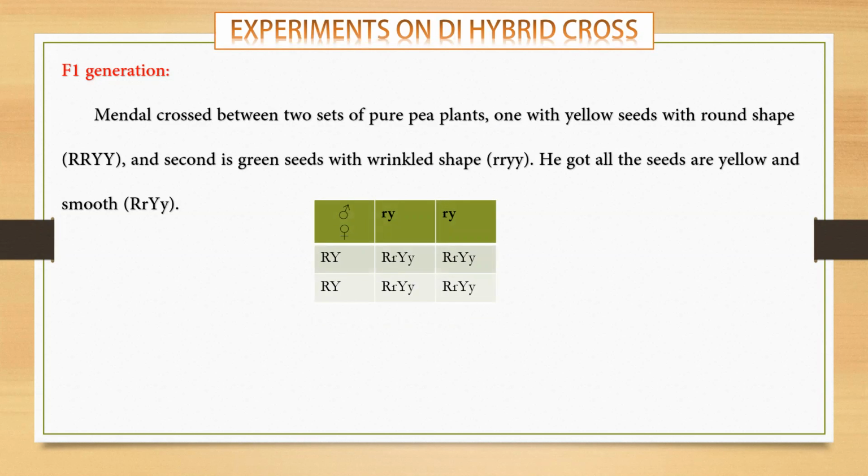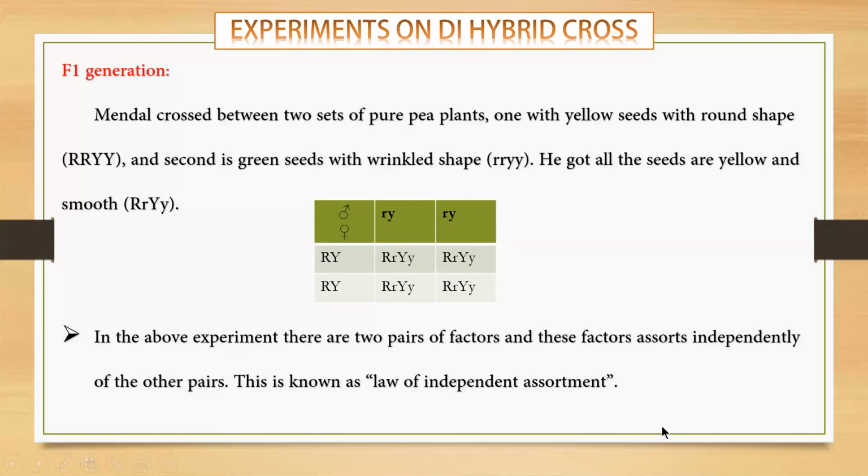If we observe this Punnett square, the pure line of round yellow seeds produces gametes like capital R, capital Y, and the pure line of green wrinkled seeds produces gametes like small r, small y. During fertilization these fuse, and in the F1 generation we get all hybrid seeds.